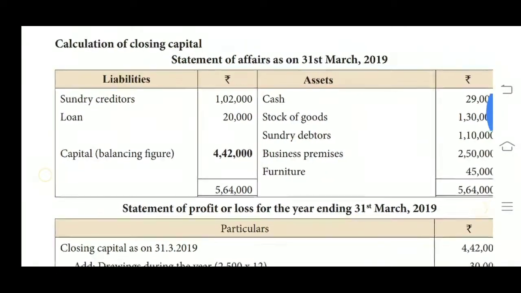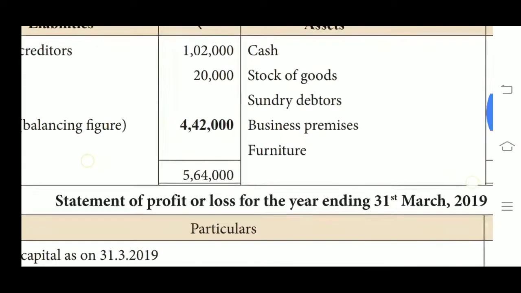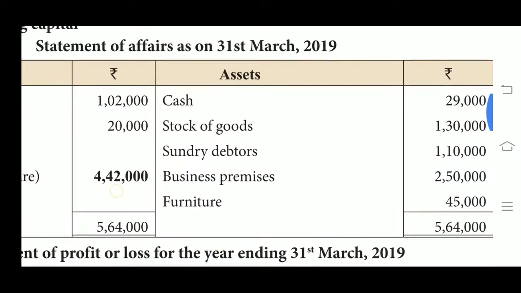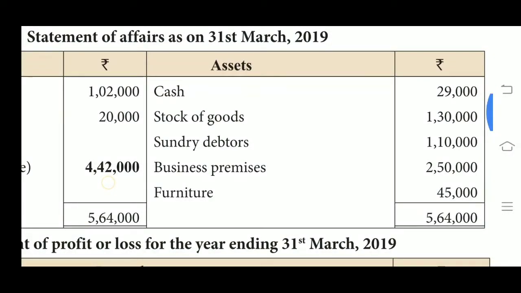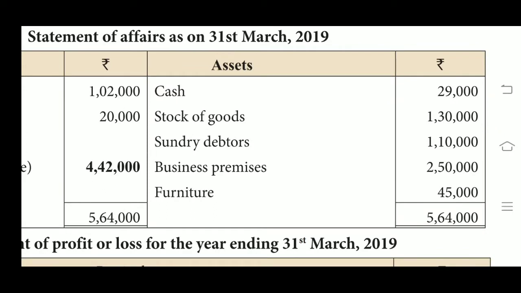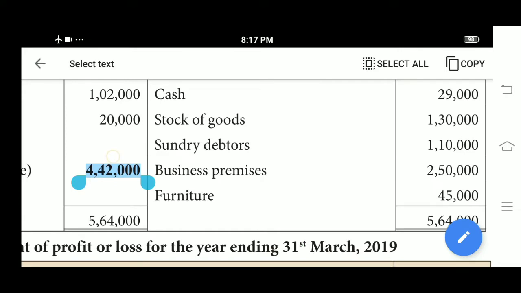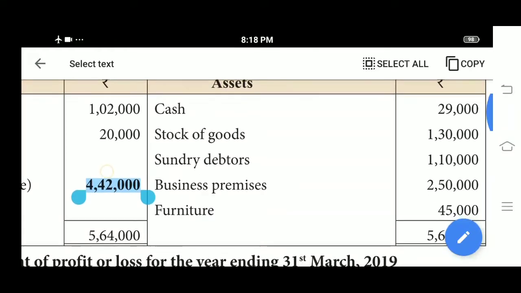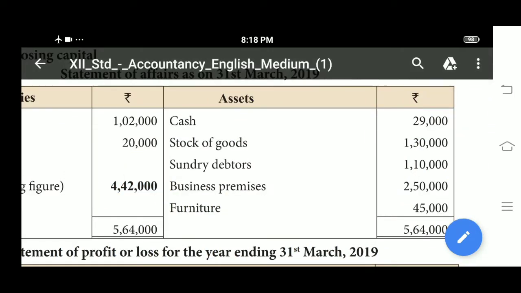So cash 29,000, stock of goods 1,30,000, sundry debtors 1,10,000, business premises 2,50,000, furniture 45,000, and then on the left hand side, the liabilities side, sundry creditors 1,02,000, loan 20,000.